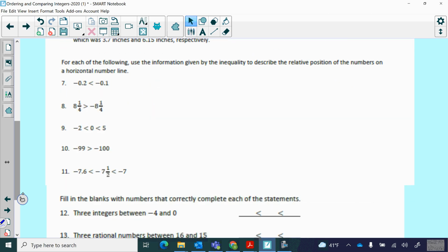The next 6, this is actually really easy if you'll follow the directions. For each of the following, use information given by the inequality to describe the relative position of the numbers on a horizontal number line. Okay, it says -2 is less than -1. So to describe that, I would say -2 is further left, not away.